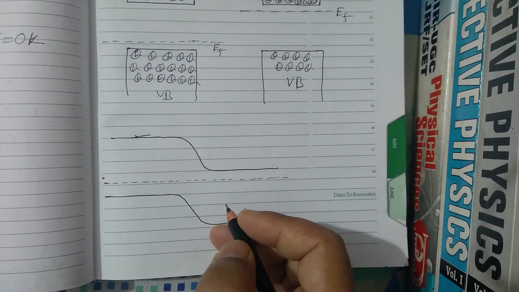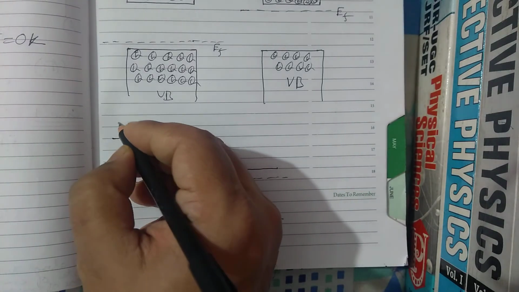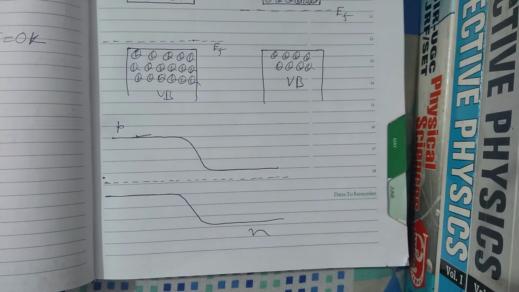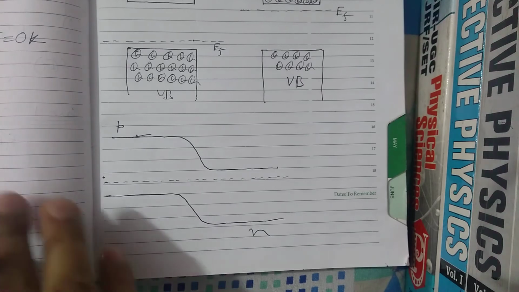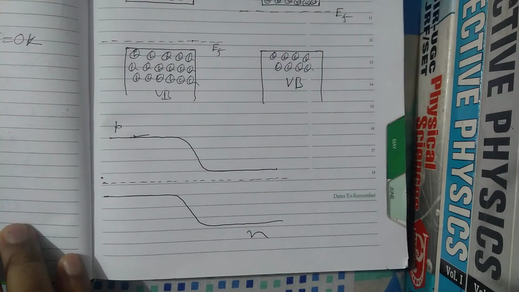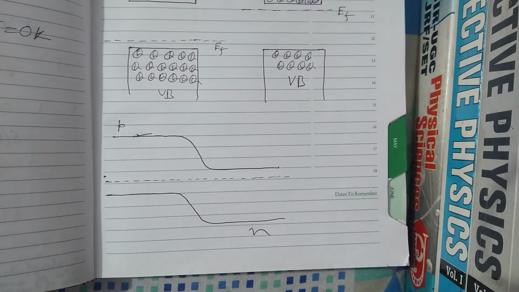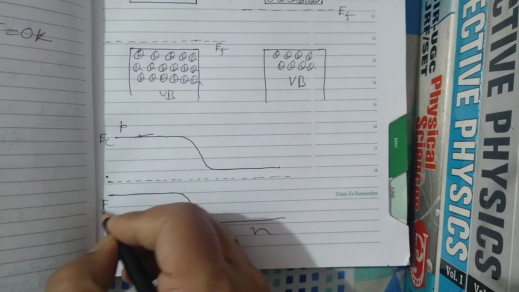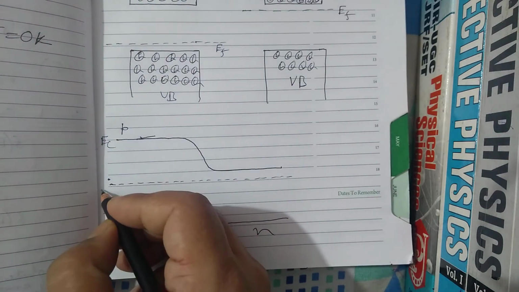This is the P region and this is the N region. This is the conduction band, this is the valence band, and this is the Fermi level EF.